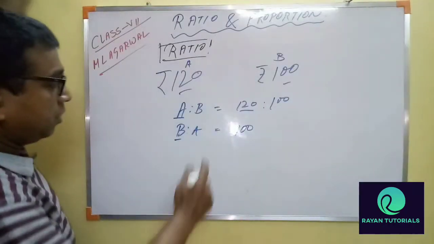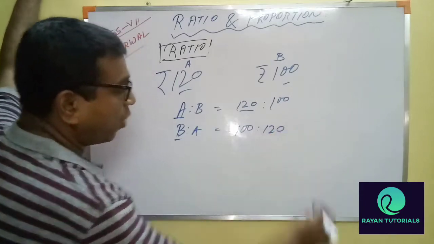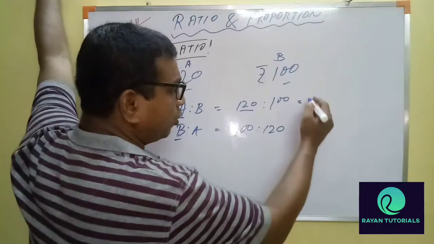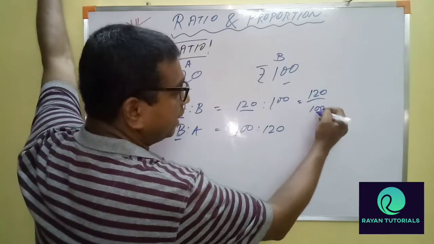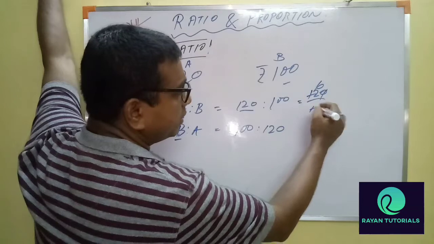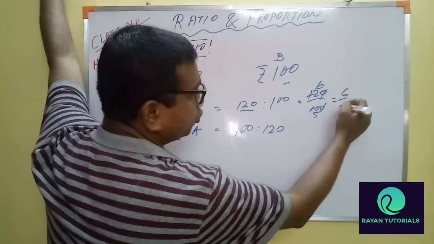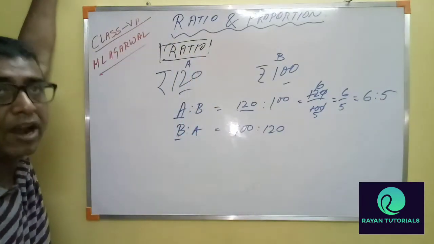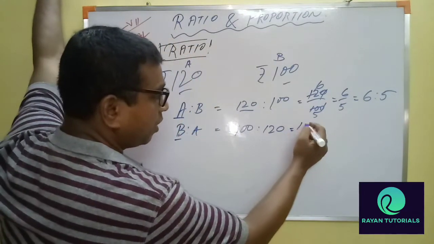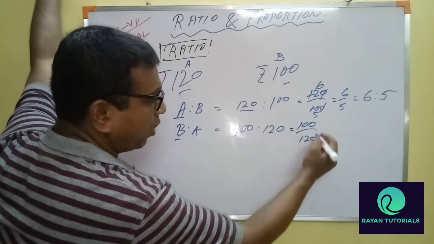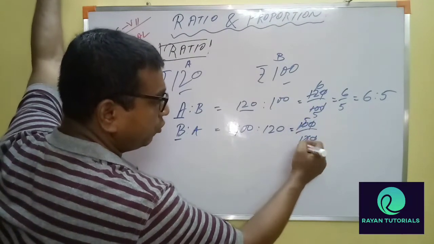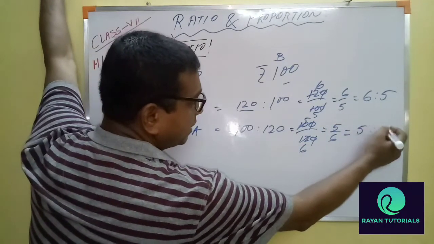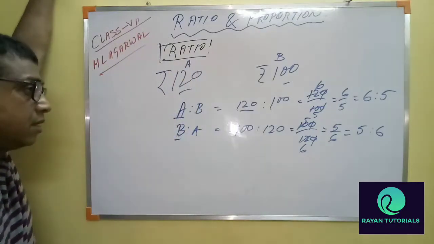100 is to 120. Then we need to reduce. I told you, simply fraction: 100 by 120, 20 ones are 20, 20 fives are 100, 20 sixes are 120, so it comes to 5 by 6, that is 5:6.